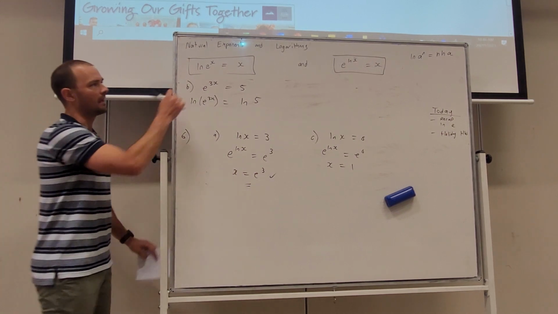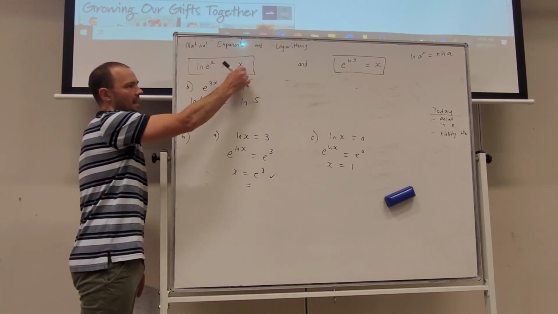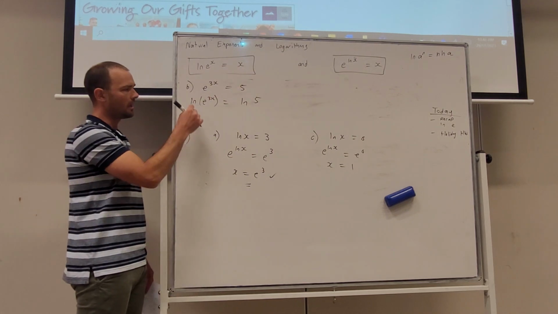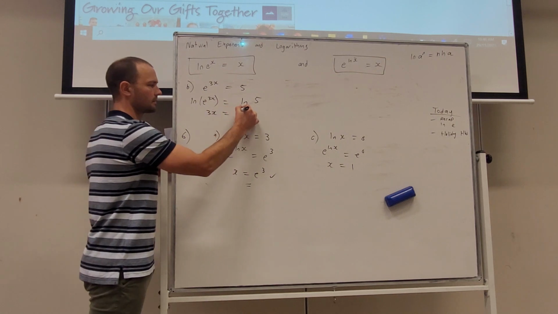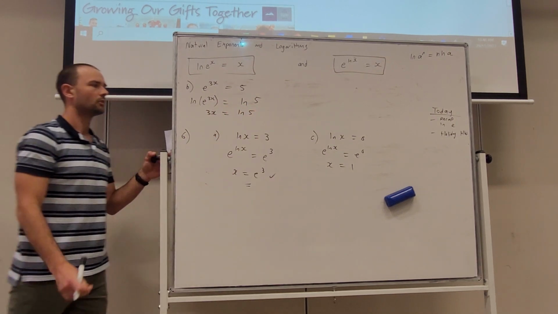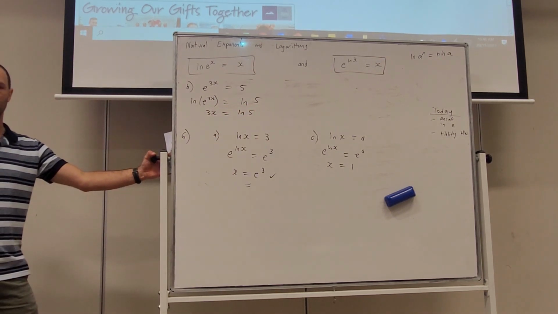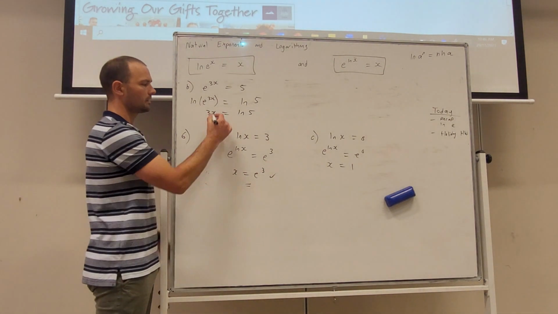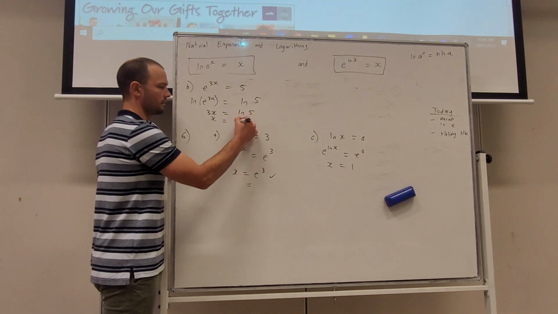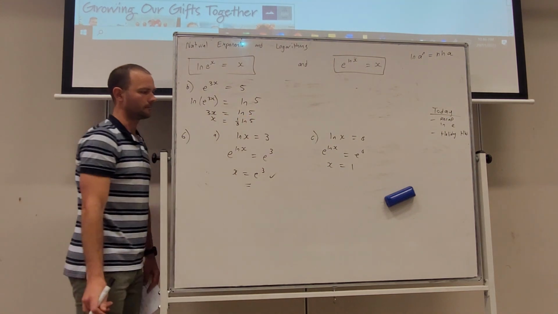Now we've seen ln e to the x is x. Therefore, ln e to the 3x is 3x. 3x is ln 5. Divide both sides by 3. x is a third of ln 5.